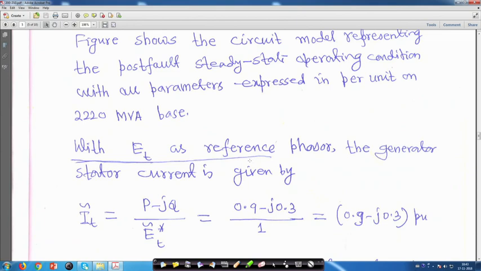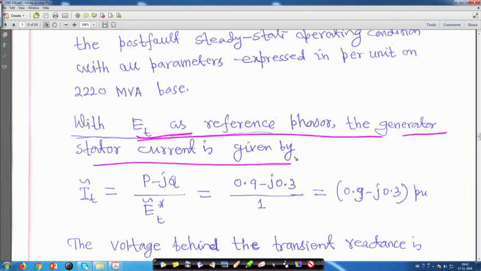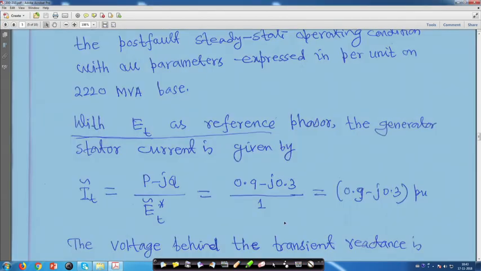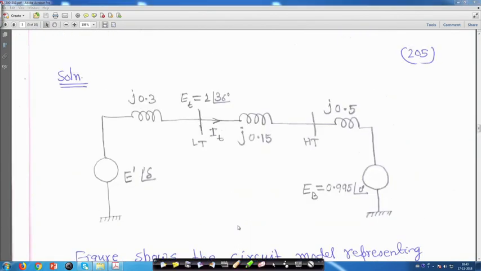Now, with E t as reference, just now I told you the stator current is given by P minus j q equal to E t tilde conjugate times I t. Come back to this figure. This is my E t. I take E t tilde, and power P and Q were both given here.